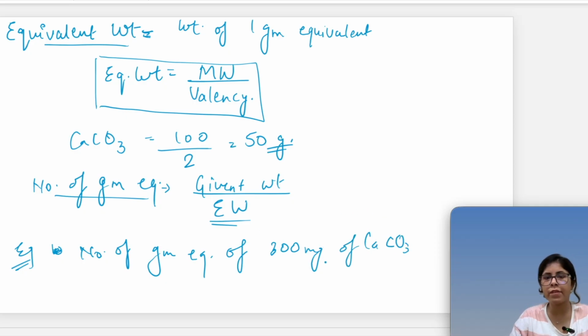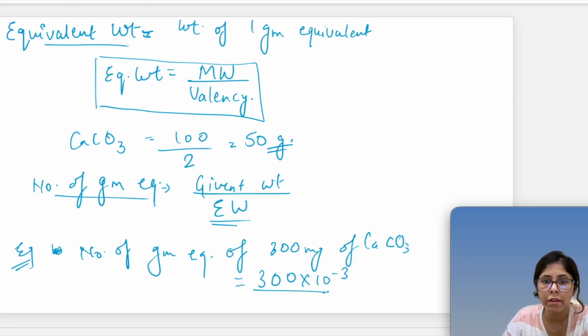The given weight is 300 milligram. I'll change it into grams, so 300 into 10 to the power -3, and divide it by the equivalent weight. The equivalent weight of CaCO3 is 50, right? So this becomes 6 into 10 to the power -3 gram equivalents.